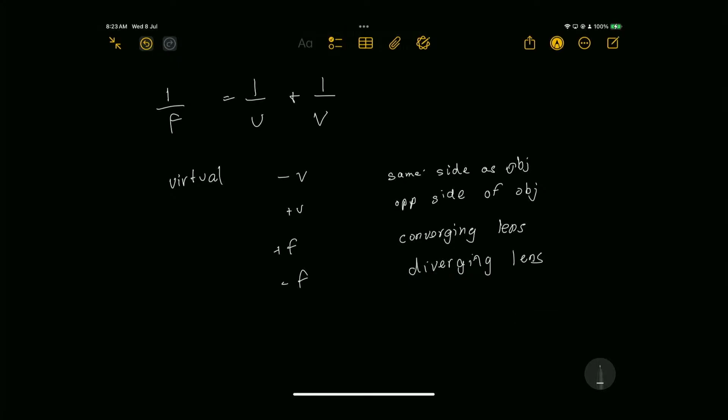Right? So when we are using this equation, this is the convention that we use, right? So I strongly recommend you all use these conventions. It could work with other conventions, but I strongly recommend using this, right?